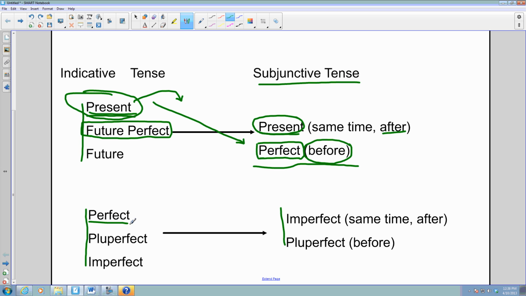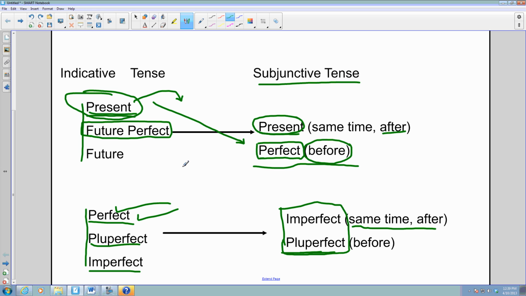If I have a perfect, pluperfect, or imperfect indicative main verb, then I have to use one of these two subjunctive tenses. Depending on when that subjunctive happens, if it is happening at the same time or after the indicative tense, then we use the imperfect subjunctive. If that action happened before the indicative tense, then we would use the pluperfect.